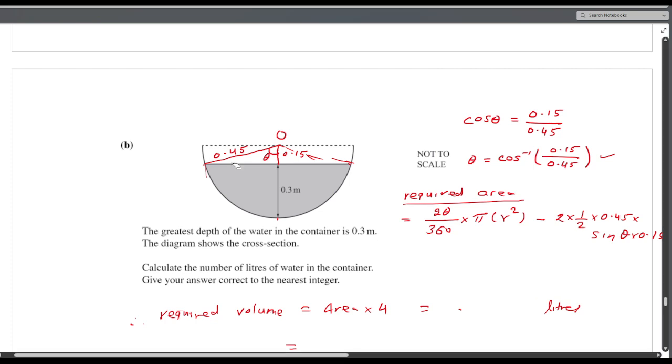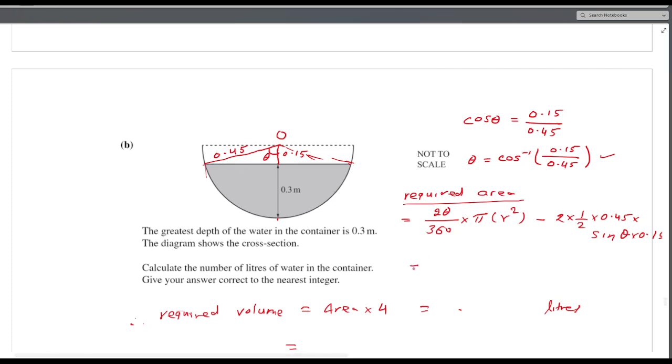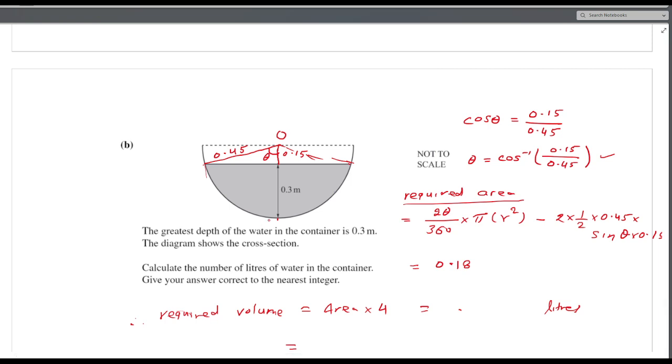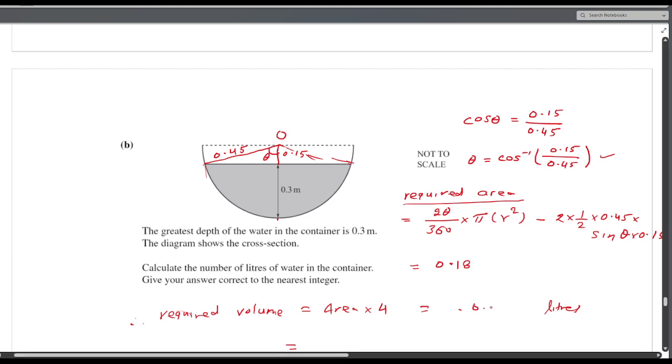So here the answer which I got is 0.18. Now 0.18 multiplied by 4 is 0.7425 and so on.